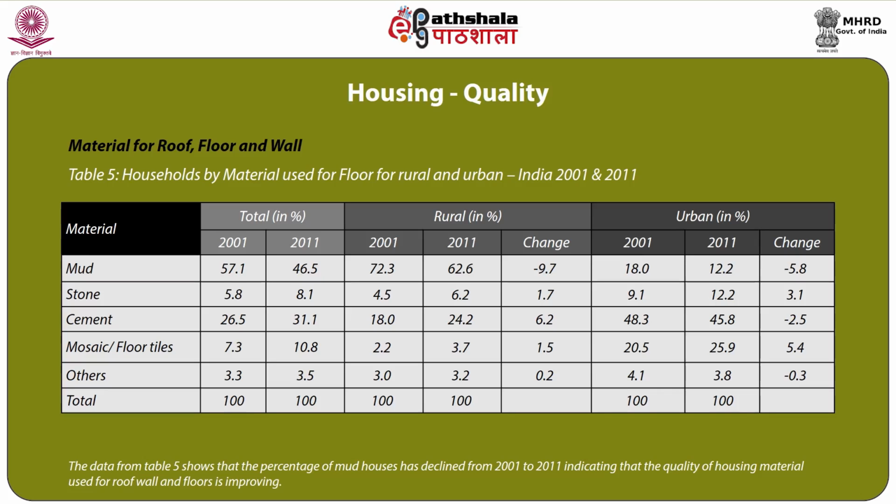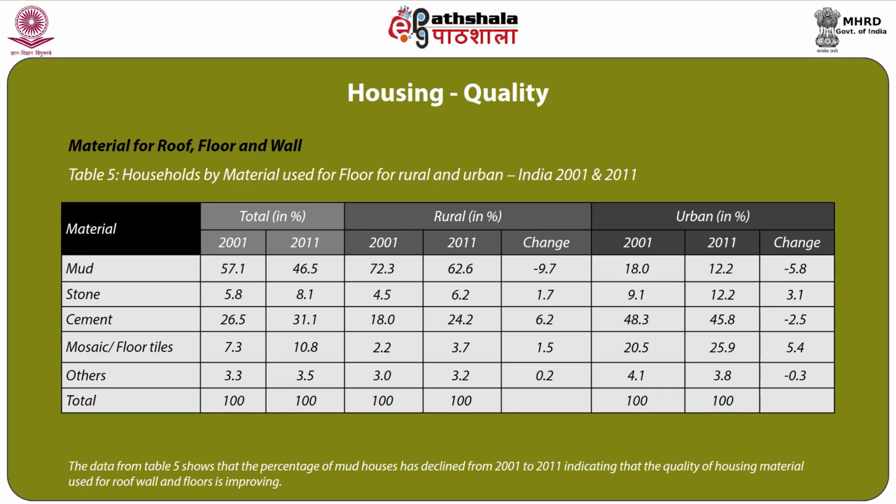In case of rural households, a significant change of negative 9.7% can be observed in case of mud, while a positive change of 6.2% can be observed for cement as material used for floor.